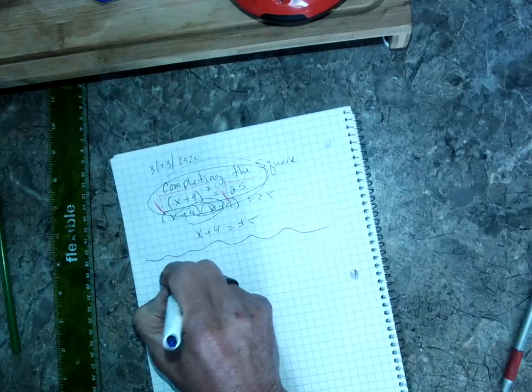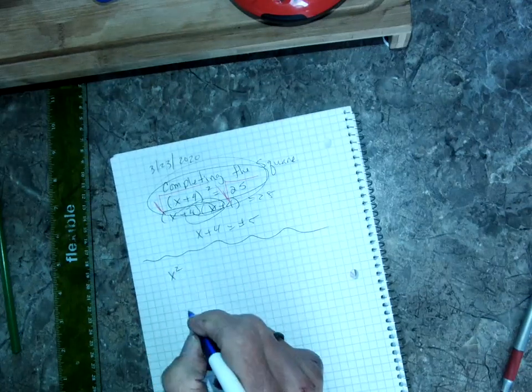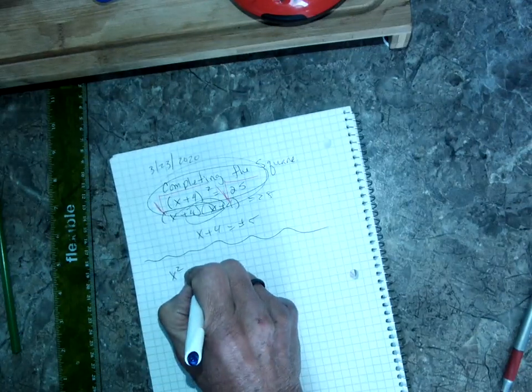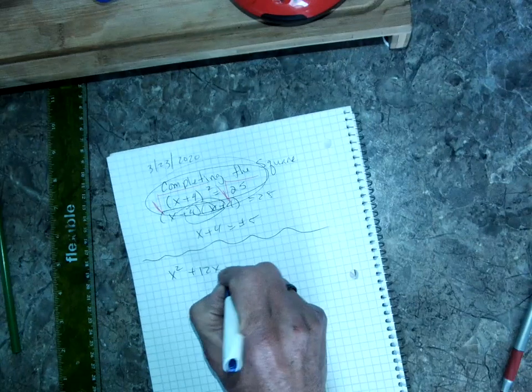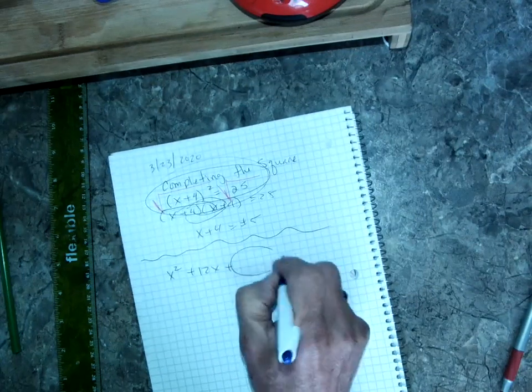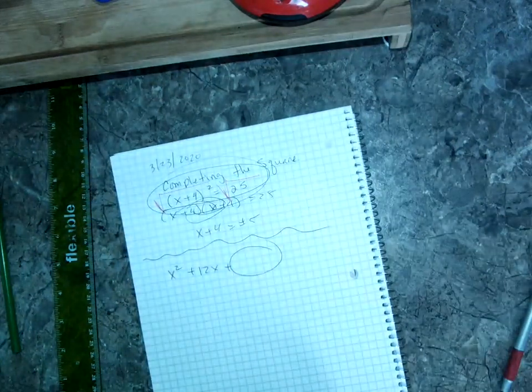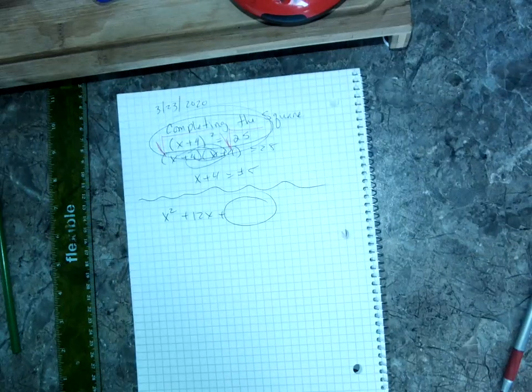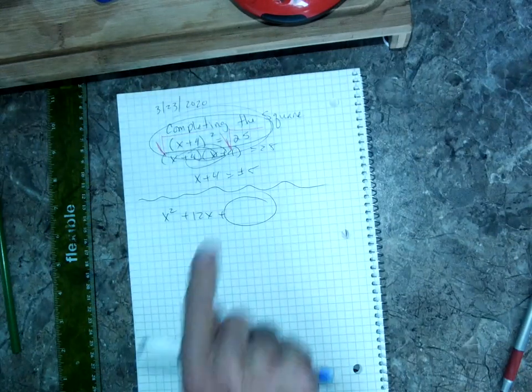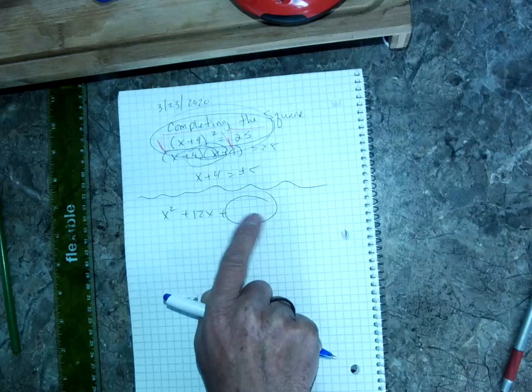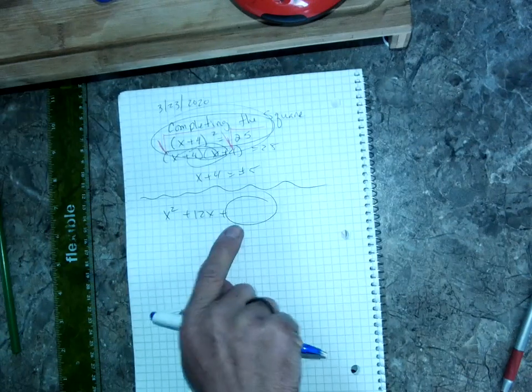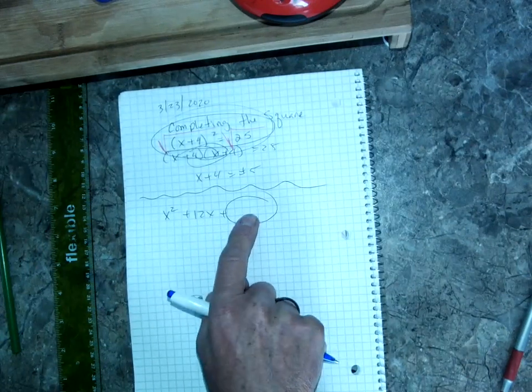I have x squared plus 12x plus, and we're going to put an open circle here, okay? So here's what I want to do. I want to put a number here that makes this a perfect trinomial, okay? So the number's 36. Now how do I know it's 36?